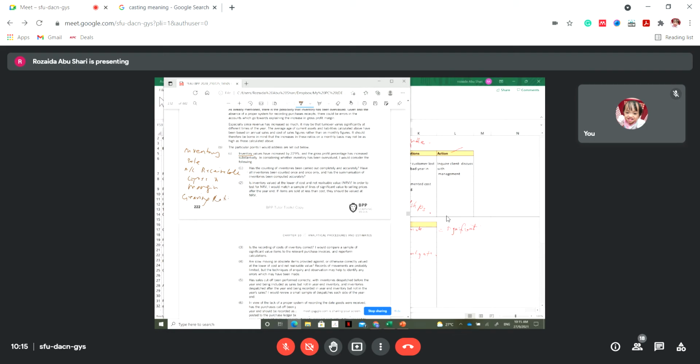So you need to consider the possible indication on the inventory as compared to the sales, account receivable, gross profit, and gearing ratio.